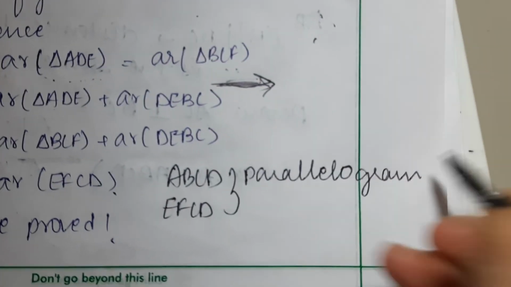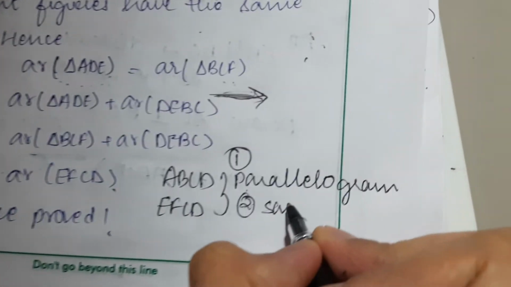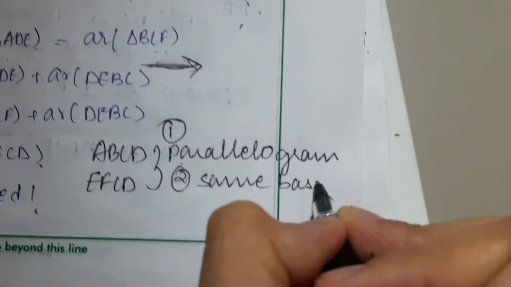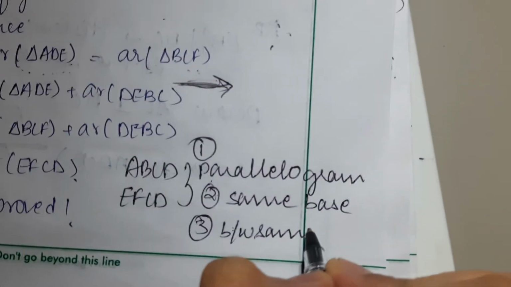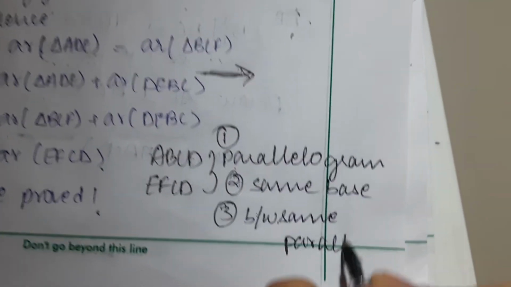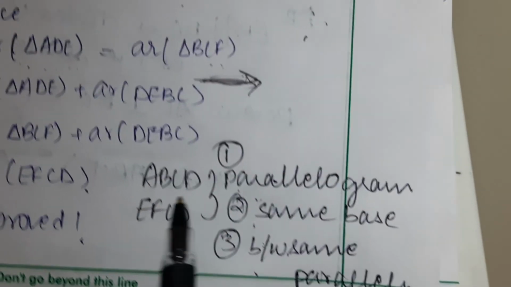Three conditions. Firstly, they have to be parallelograms. The second condition, same base. Third condition, between same parallels. If these three conditions are satisfied, then ABCD and EFCD have the same area.